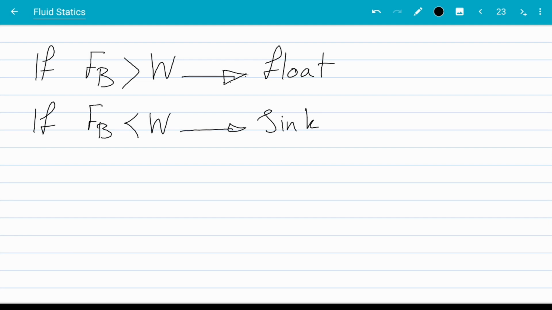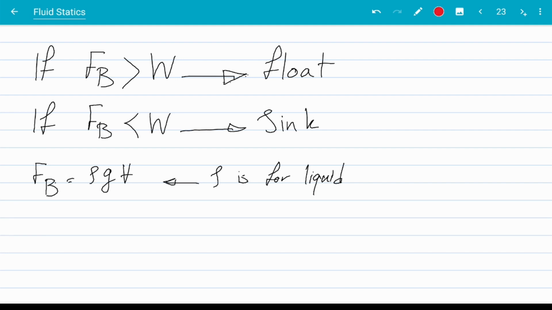Now, as you can see, the buoyancy force is given in the form of rho g V. In this equation, rho is the density of the liquid, or for the fluid, right?